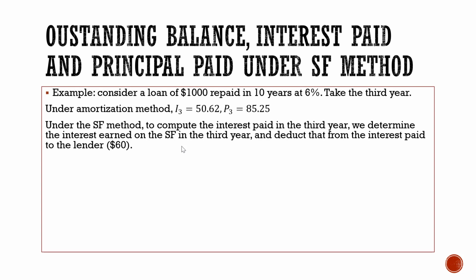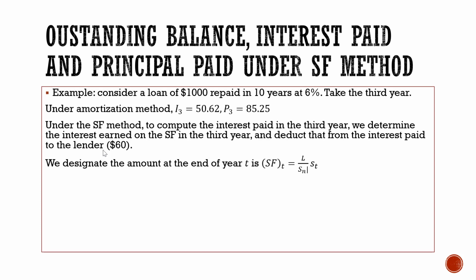However, we do have the SF deposits, and the SF deposits accumulate to the future years. So that's why we are actually earning some interest under the SF deposits, and we pay some interest here.